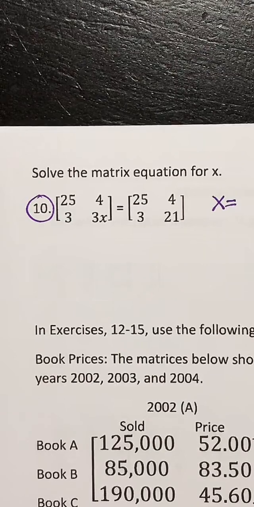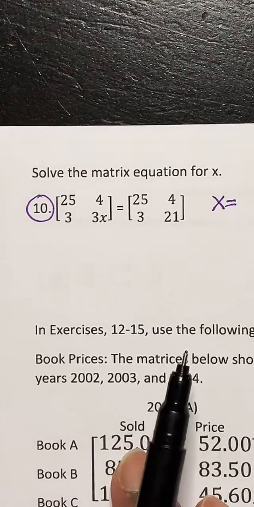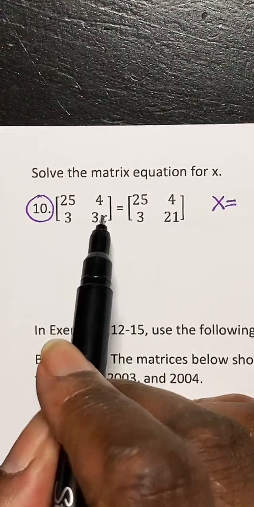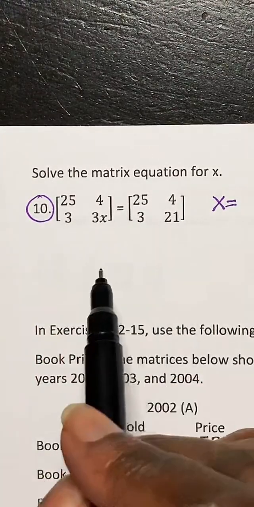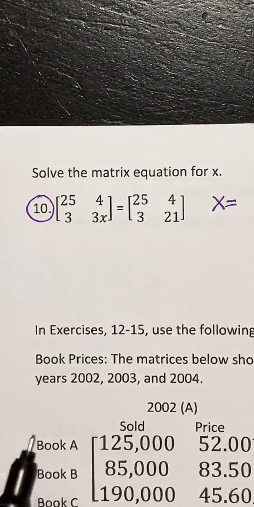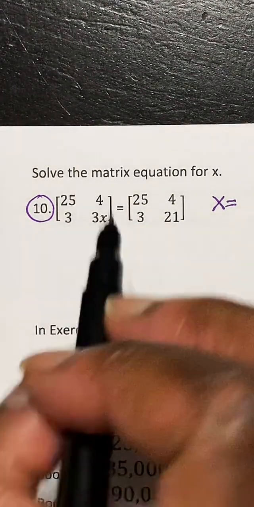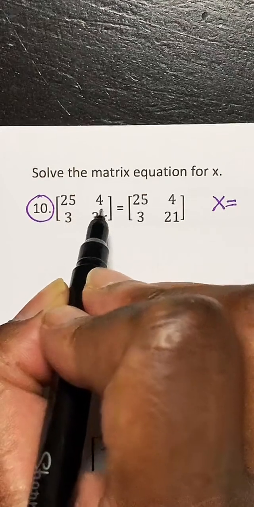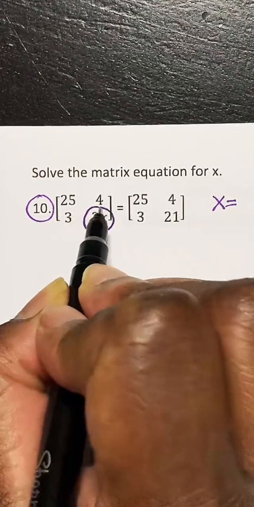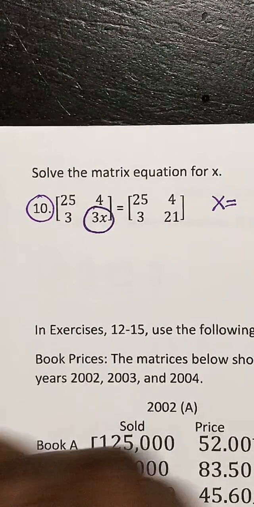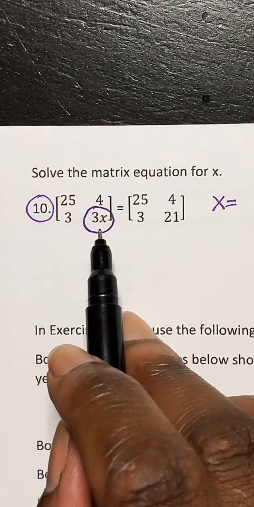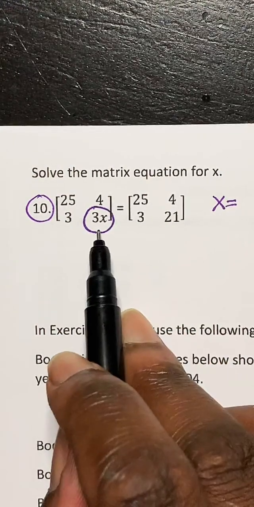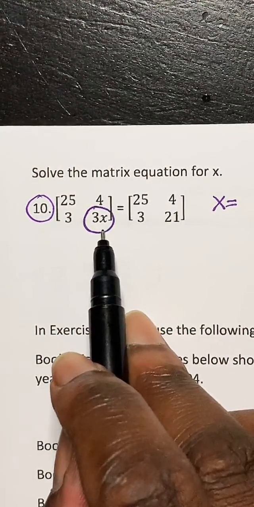All right. So let's take a look. If I look at this first, we have a 2 by 2 matrix, and we have a 2 by 2 matrix. Here's almost like a little mini shortcut. I notice in the second row, second column, I have 3x. What matches the second row, second column in the second matrix with that 3x?